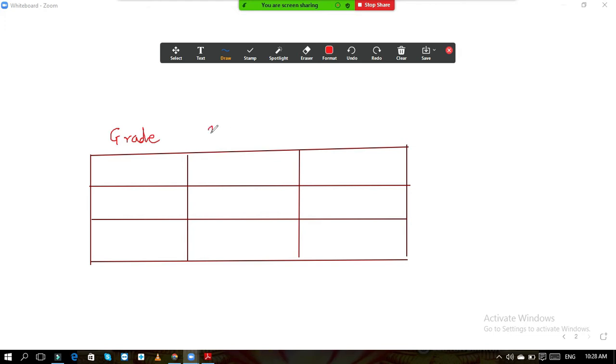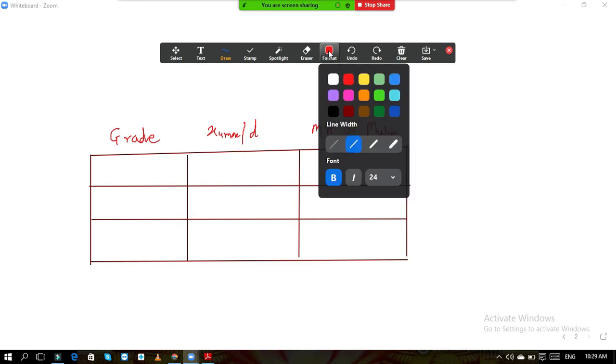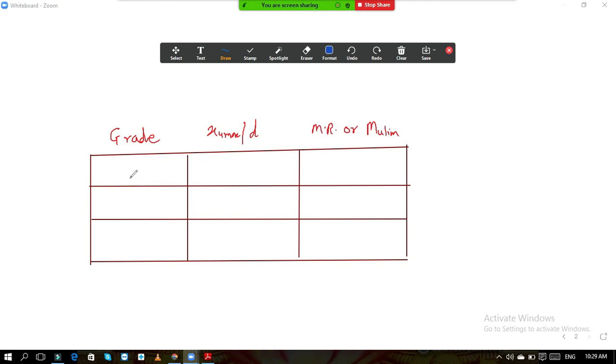Then the Xu max by d ratio, also called the Xu by d ratio, and then the moment of resistance value, also called Mu limiting, or the moment resisting capacity of the section. The grades of steel are Fe250, Fe415, and Fe500.